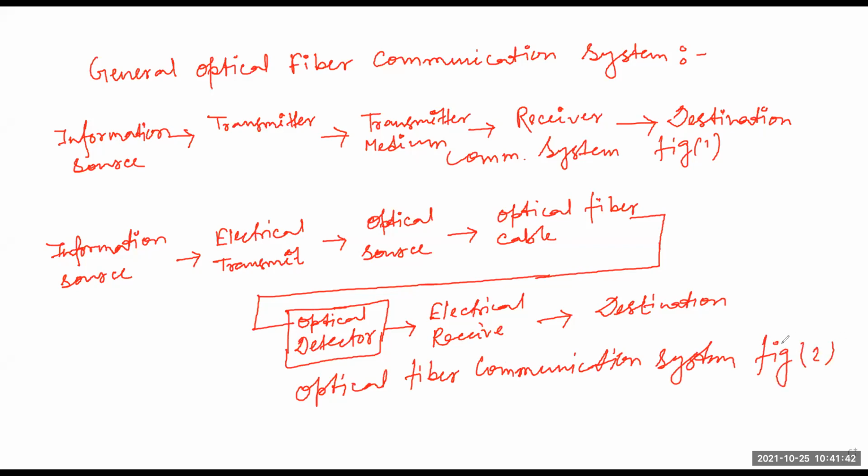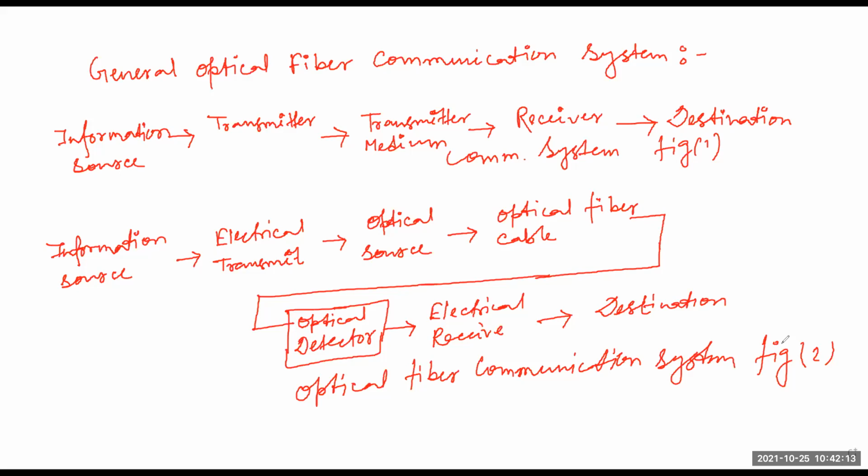So from this block diagram, you can see that there are some differences between the normal communication system and the optical fiber communication system. The basic block diagram of the optical fiber communication system mainly consists of the transmitter part, the optical source, optical fiber cable, optical detector and the receiver.